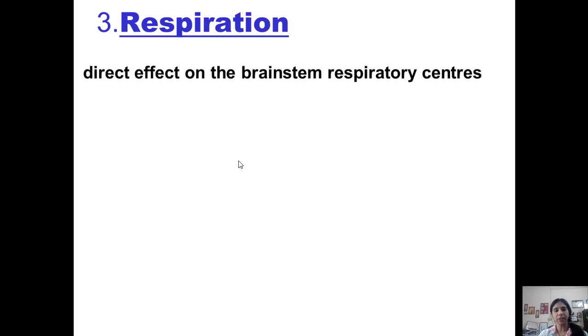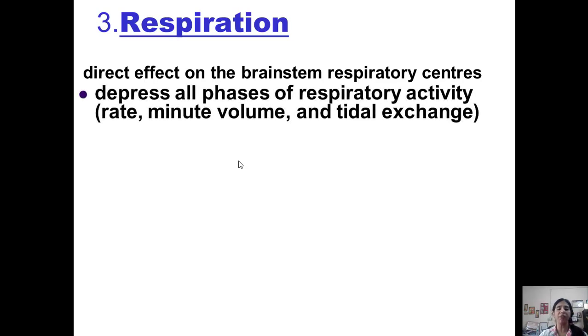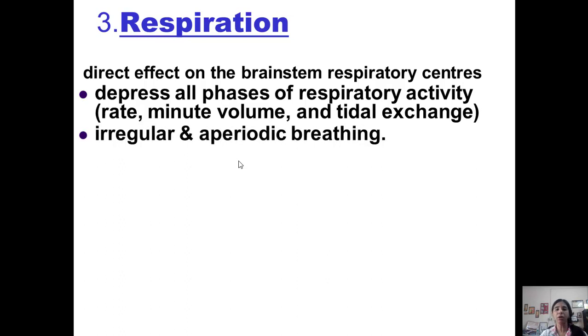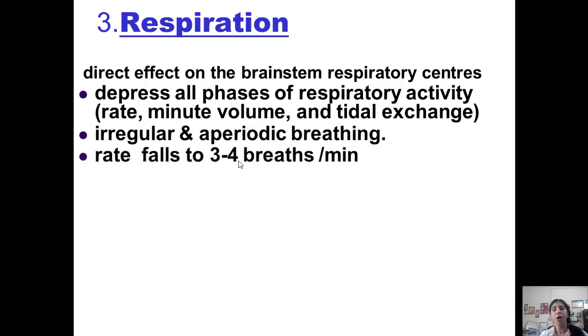It is the direct effect of these drugs on the brainstem respiratory center, and they depress all phases of respiratory activity. The rate of respiration decreases, the minute volume decreases, the tidal exchange decreases, and the rate of breathing falls to 3 to 4 breaths per minute. The person will breathe when he is asked to breathe, otherwise his respiration rate would be very, very low, 3 to 4 breaths per minute.